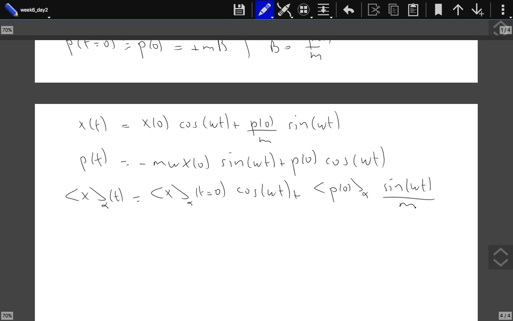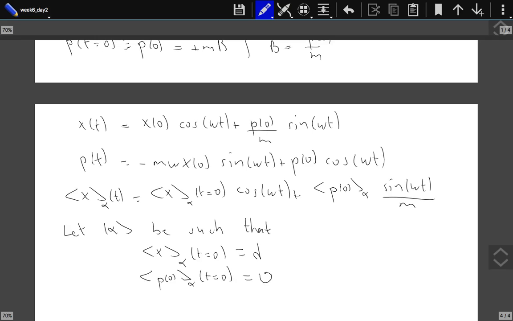Now, classically speaking, if you have a harmonic oscillator, one typical example will be you have a spring, you just extend your object by some distance. That is, the average of x for your object at t equal to 0 will be some distance, let's say d. And you just release it from rest. Well, that would just mean that the expectation of p at t equal to 0 will be just 0.